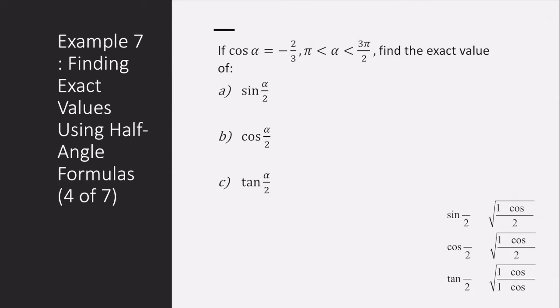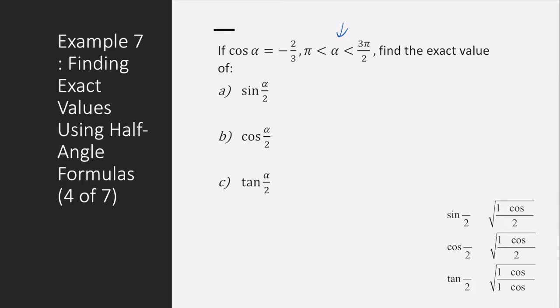Next, we're going to find some more exact values using the half angle formulas. But this time, I'm not told what my alpha is, what my angle is, and that's totally okay. I am given that the cosine of alpha is negative 2 over 3.